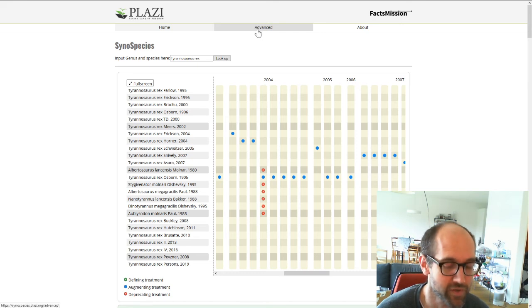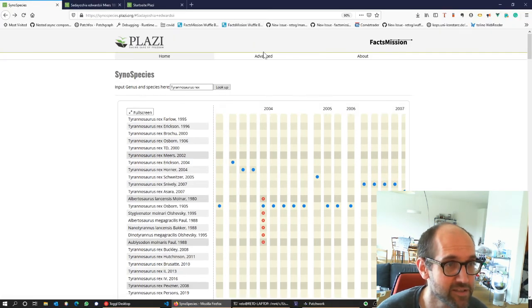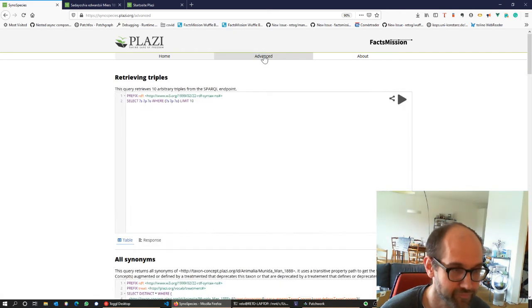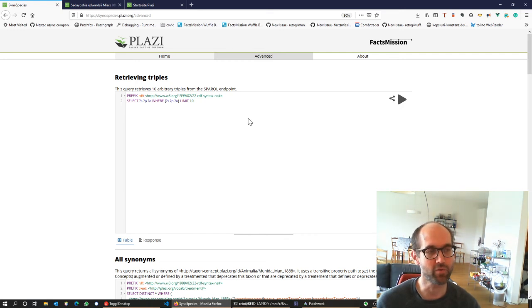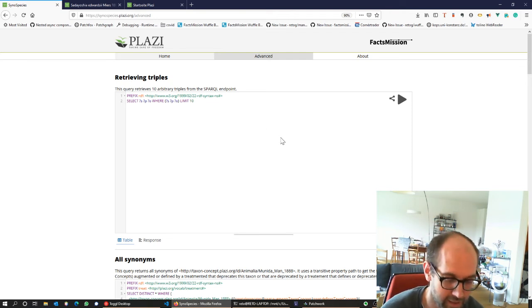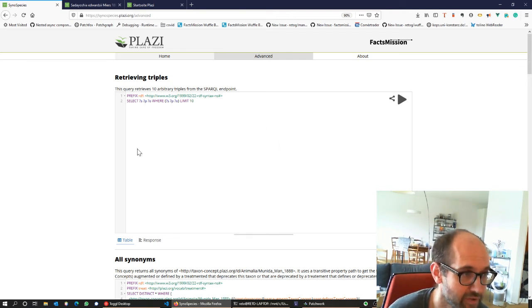In Synospecies, we also have an advanced tab where we can directly run queries against the background, against this database aggregating all the RDF data from Plazi, and that's the most simple query.